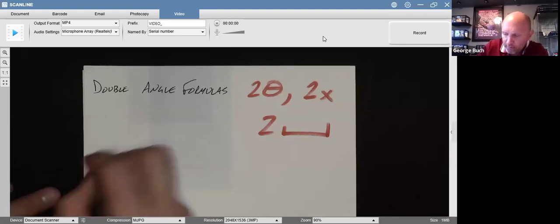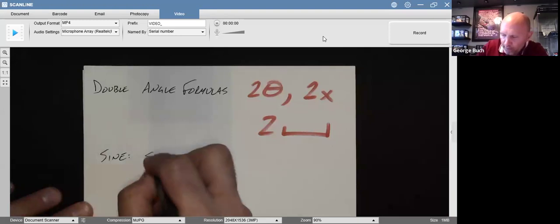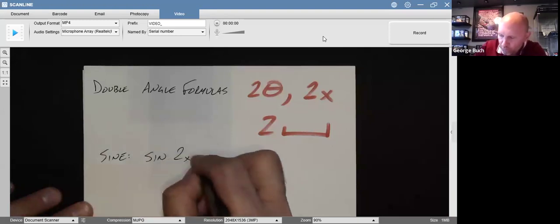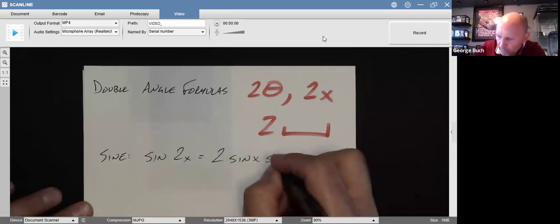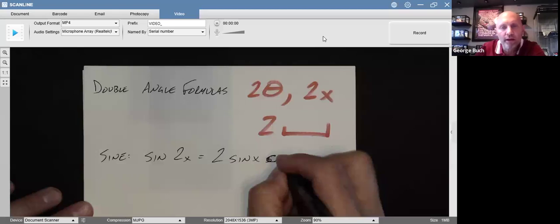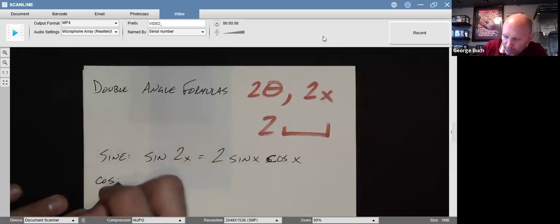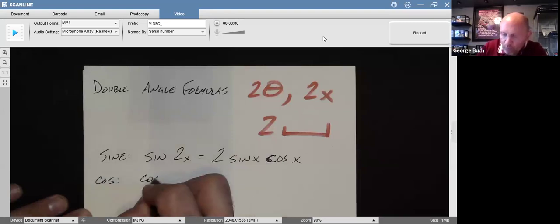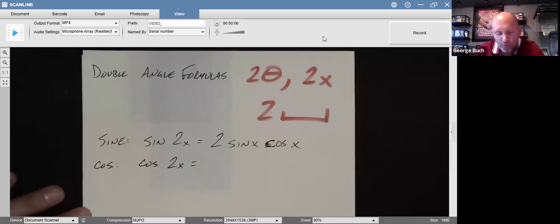And so for sine, our double angle formula is that sine of 2x is equal to 2 times sine of x times cosine of x. There's only one formula for sine double angle. Cosine, there's actually 3. Depending what information I'm given, one formula might make more sense to use than the other.